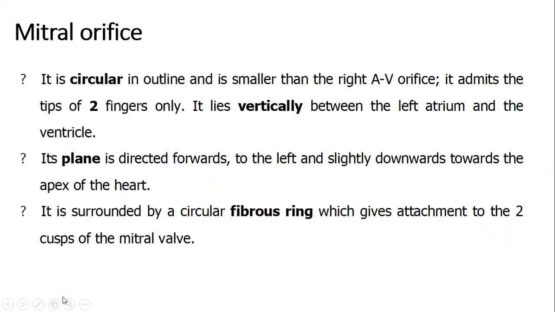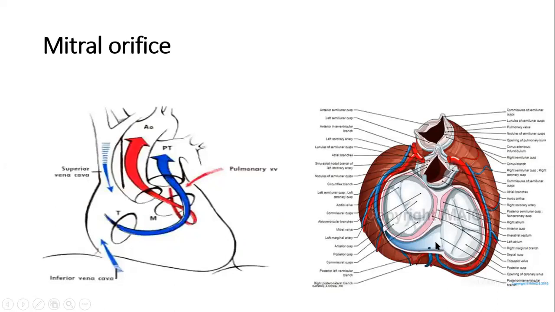It is surrounded by a circular fibrous ring which gives attachment to the two cusps of the mitral valve. So there is a fibrous ring around this. So this is the bicuspid, this is the tricuspid. Around both these valves there is a pink colored structure. This is the fibrous ring, which gives attachment to the mitral valve.